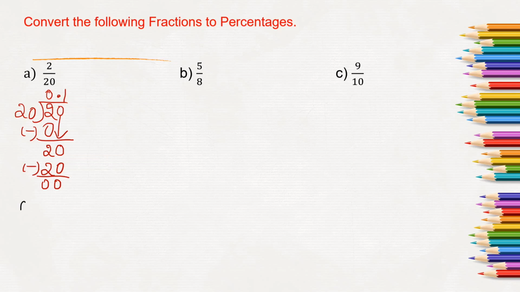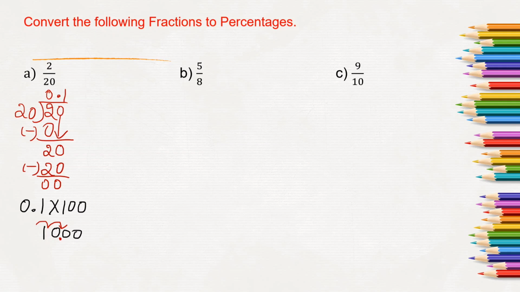Now the 0.1 has to be multiplied with 100. This is the second step. So 0.1 into 100 means bring out all the zeros, that is 3 zeros, and then multiply 1 into 1, which will be 1 itself. Now we have to shift the decimal point 2 places to the right as there are 2 zeros in 100, right?